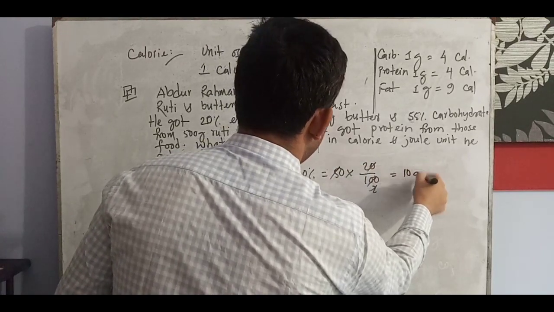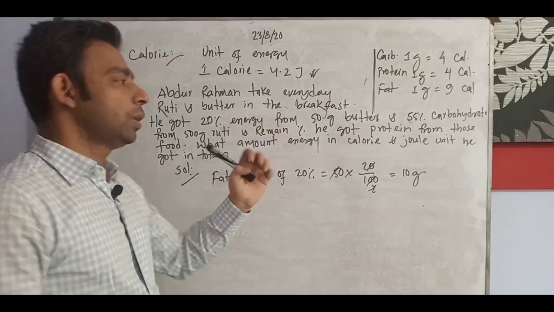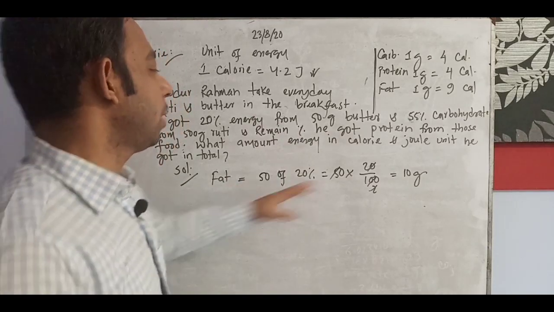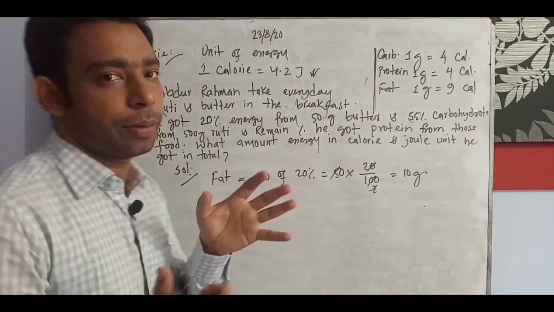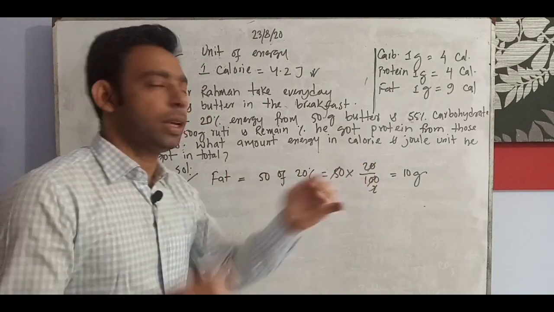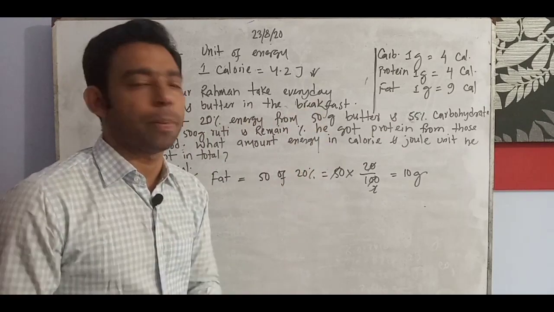So 10 gram fat he obtained from the 50 gram of butter every morning. Exactly 10 gram fat he consumed from 20% energy from the 50 gram butter.